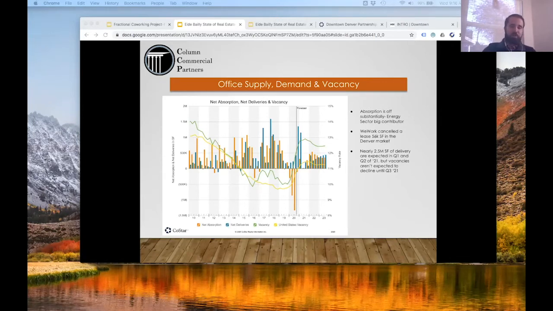Going back to the chart, just really finishing up here, deliveries are on the upward trend, but really what is that going to look like for future absorption? So next year, we're looking at nearly 2.5 million square feet that's going to be delivered in Q1 and Q2. But we have a lot of space that's hopping onto the market, both from sublease and folks that have their leases coming to the end of the term and deciding what's next.